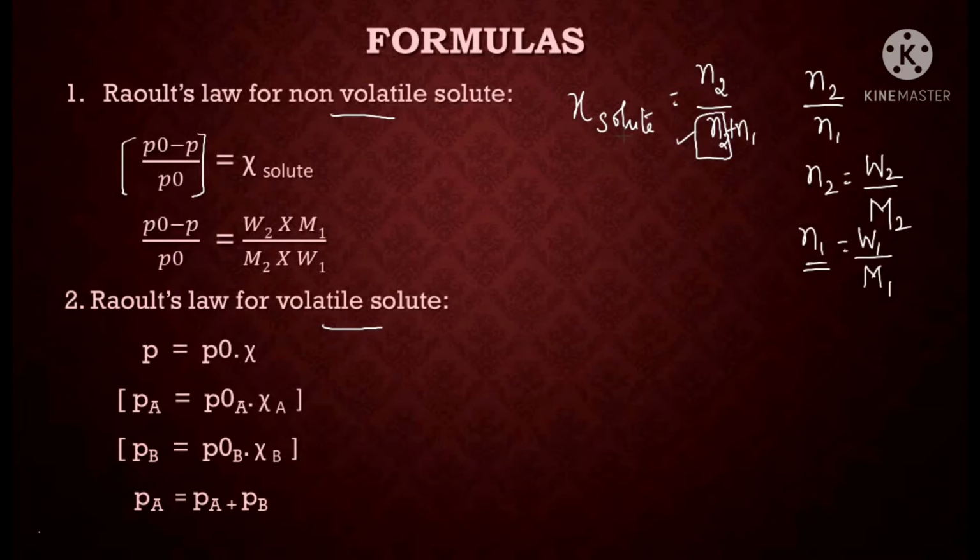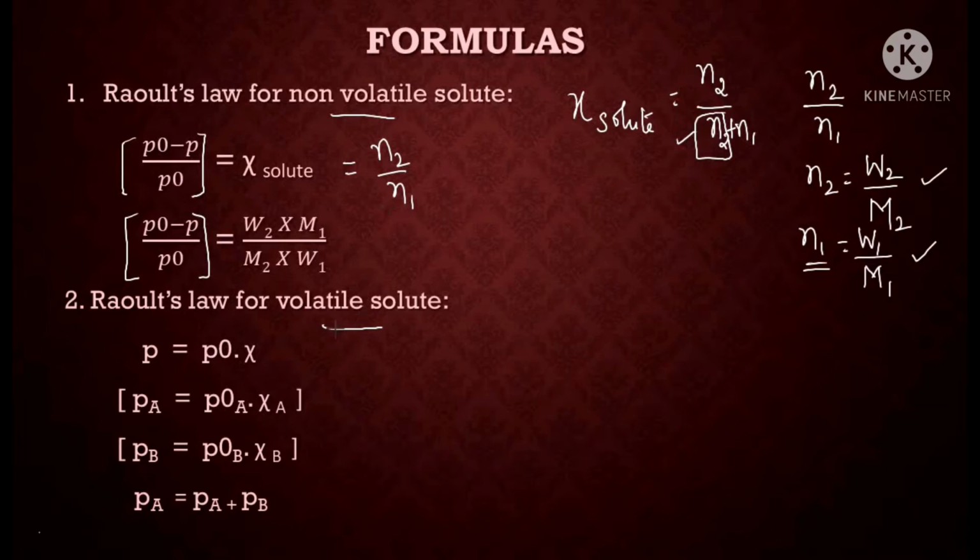So X solute is equal to N2 by N1, and when you substitute these two values, W2 by M2 and W1 by M1, you will get this formula. So the relative lowering of vapor pressure, P0 minus P by P0, is equal to W2 into M1 by M2 into W1. Okay, this is the formula.